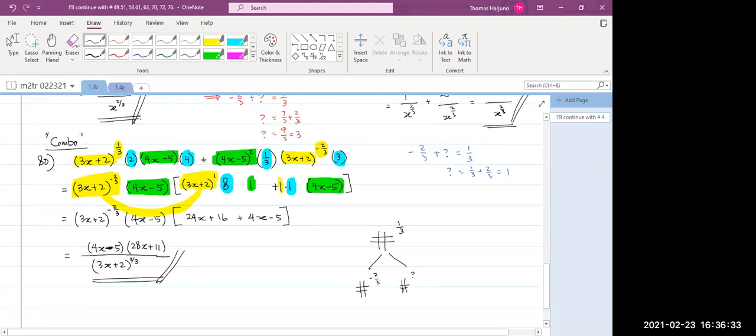So negative 2/3 times what gives us blah to the power of 1/3? Sorry, plus, because we multiply the same base, so we add the exponents. Then this one here is 1/3 plus 2/3, which is 1.